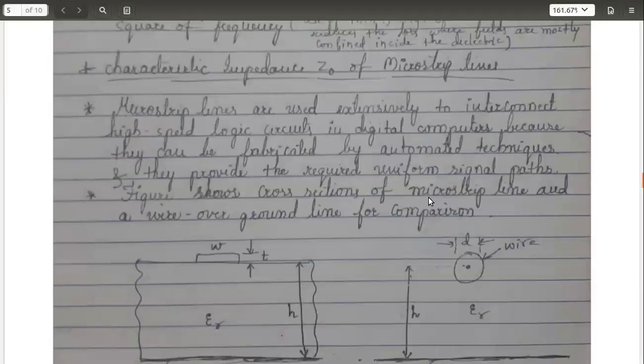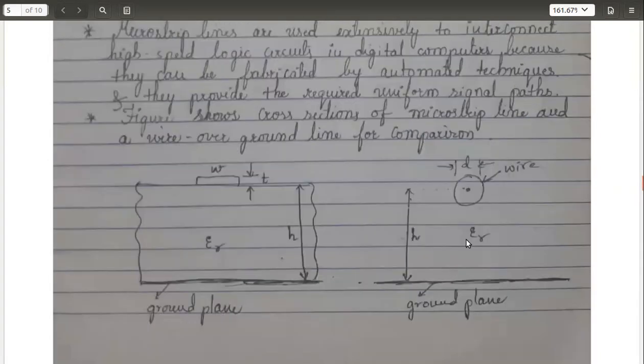The figure shows the cross sections of a microstrip line and a wire over the ground line. So this is your wire over the ground. You can see this is one medium. You can use any substrate. It can be air, it can be any material. This is your medium having the dielectric value epsilon r, and this is your wire. The wire is hanging like this, and here it is a medium.